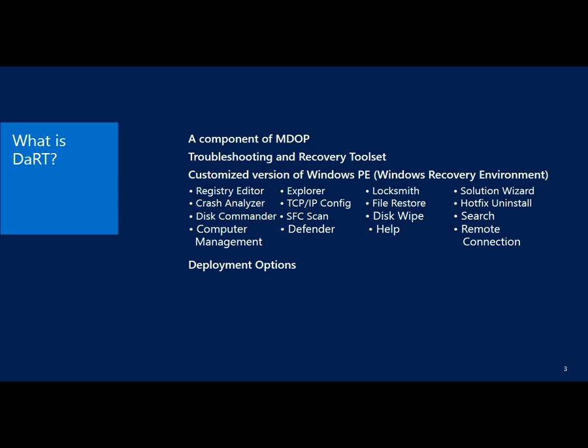The deployment thought kind of brings to mind what the deployment options are for using WinRE or the DaRT image that you create. And there are a few. First, if you have a PC that has the recovery image on it already, there are ways that we can replace your default WinRE image or DaRT image with a customized version.